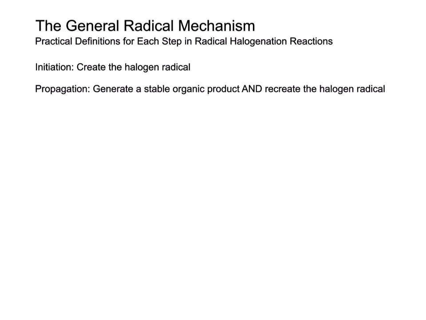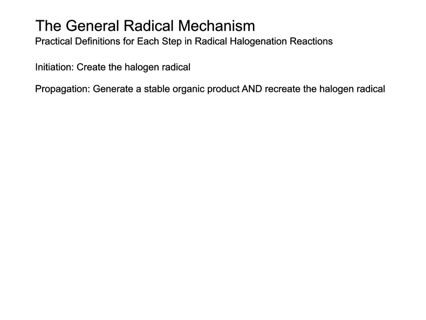All of the radical mechanisms that you're going to encounter in this video follow a three-step process. I'm going to give you practical definitions for each of these steps. We start with initiation, and all initiation is that we create the halogen radical. This is followed by propagation. Propagation is very confusing for a lot of students when they actually go to draw the mechanism.